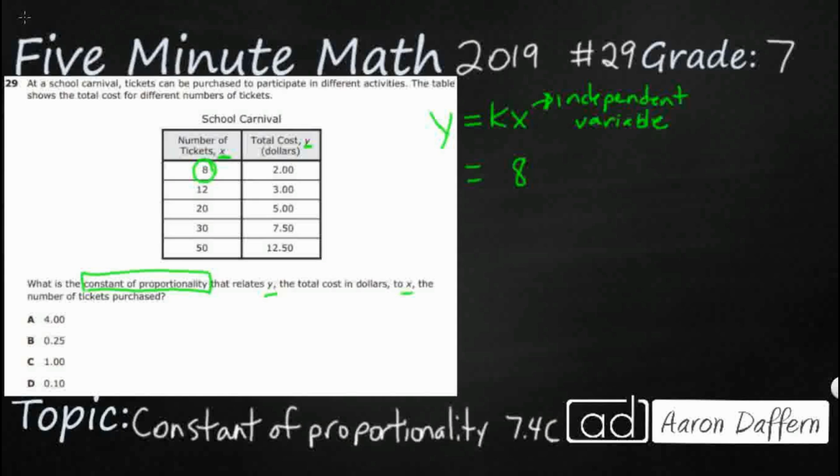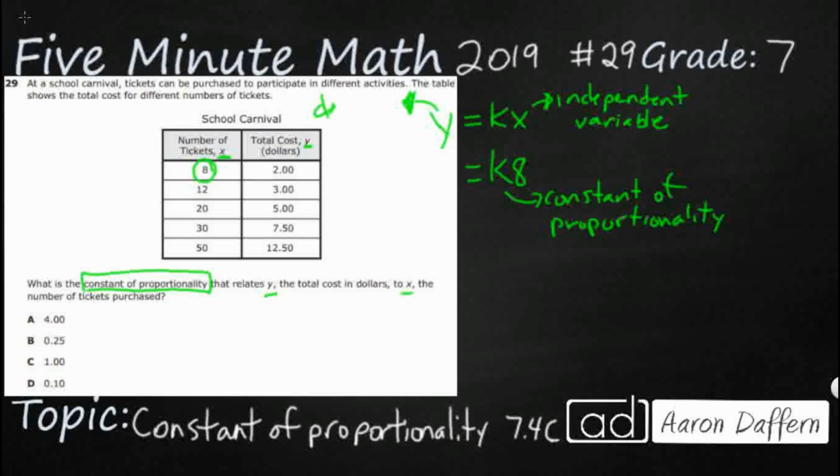Now we're going to multiply it by the cost, right? That's what our constant is going to be. It is going to be this k. Let's label this here as our constant of proportionality, which is what we're looking for. That's the price per ticket. So 8 tickets times k, which is the price per each ticket, is going to get us our y, which is what we call our dependent variable.